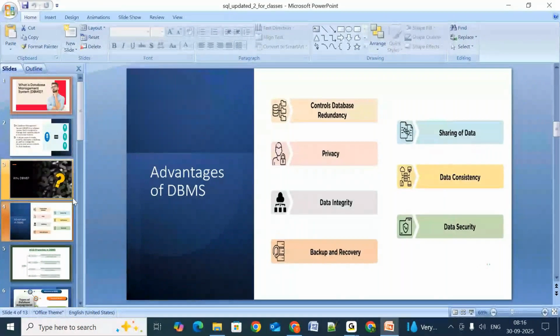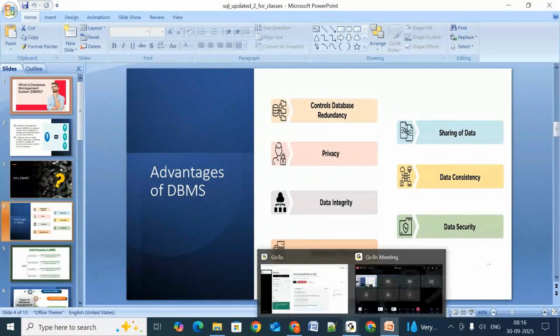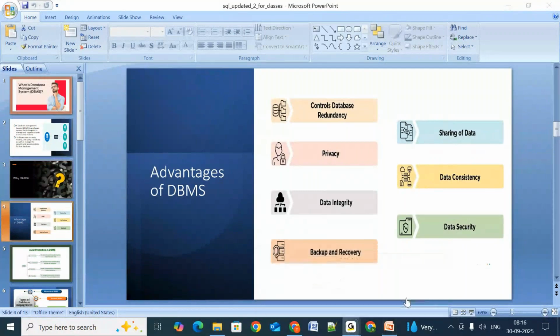What are the disadvantages if we store data in a notebook? What are the disadvantages if we store data in normal text on a laptop? I hope you know that. Can anybody discuss what disadvantages we are going to face if we store data? Yeah, data can be missed.